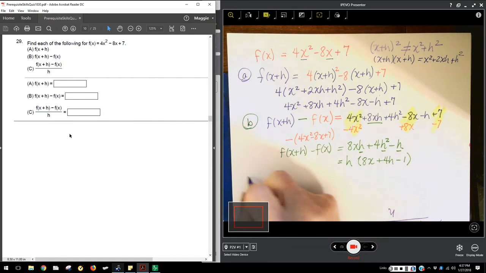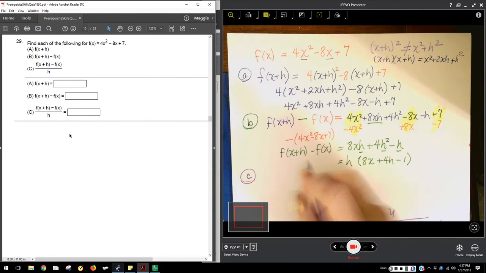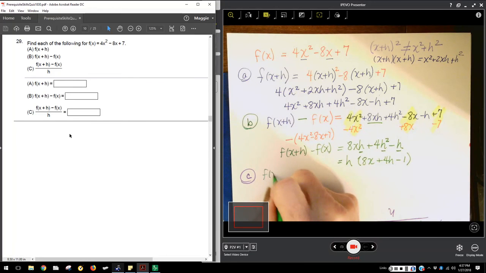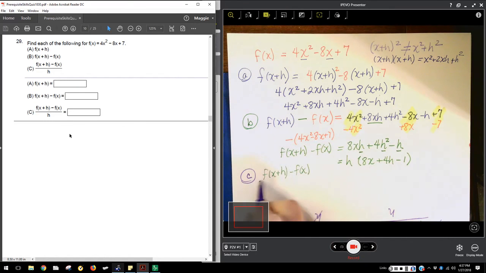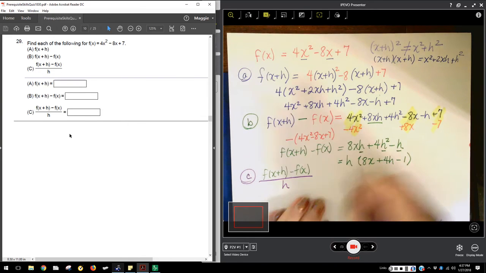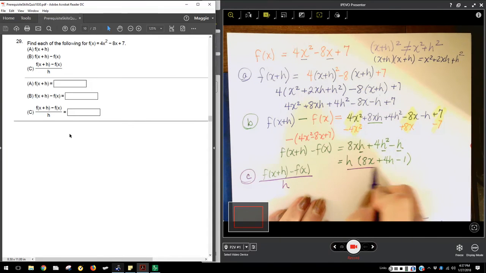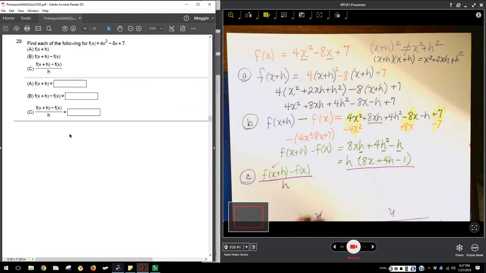So part C is to take f of x plus h minus f of x, and we're going to divide it by h. So that means we're going to take this, which is f of x plus h minus f of x, and we're going to divide it by h. And what happens is the h's cancel out.